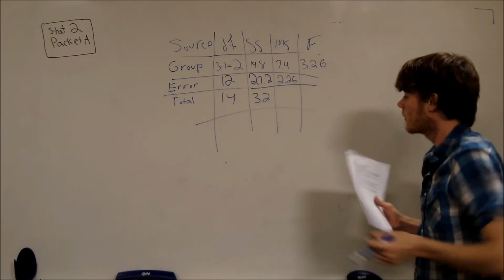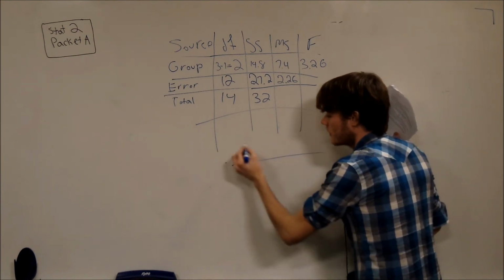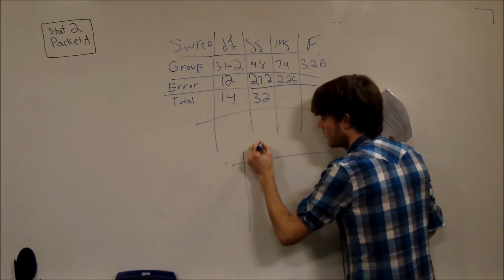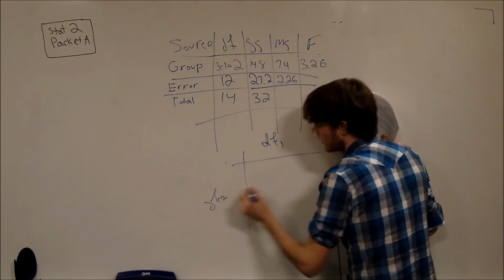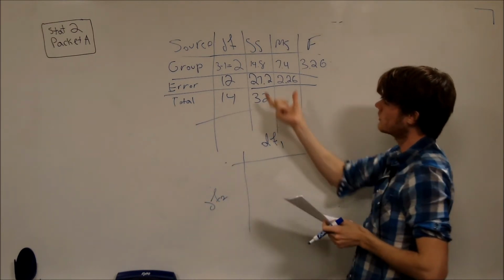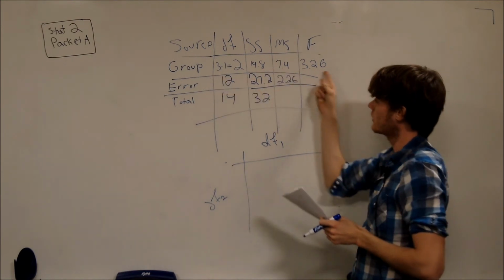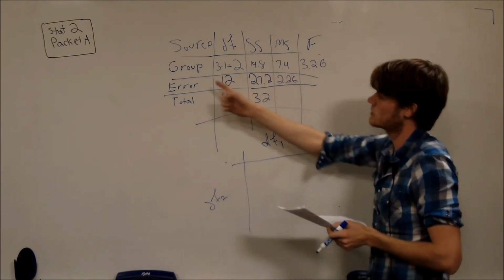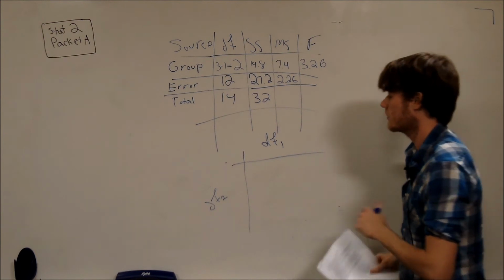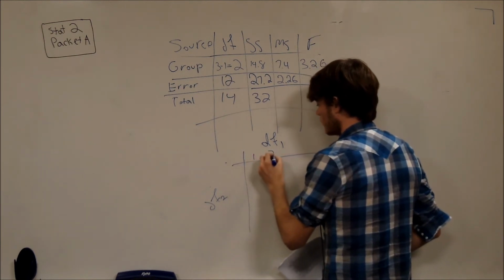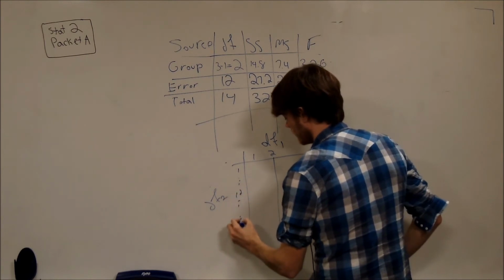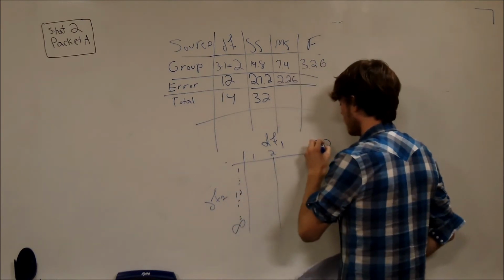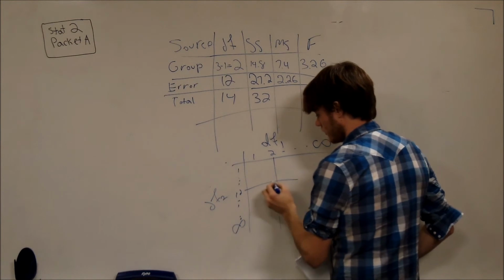Now we have to go back to our F table. This is DF1, DF2. DF1 is of course our numerator degrees of freedom for group, so MSG is on the top and MSE is on the bottom. So we're going to look at 2 and 12.